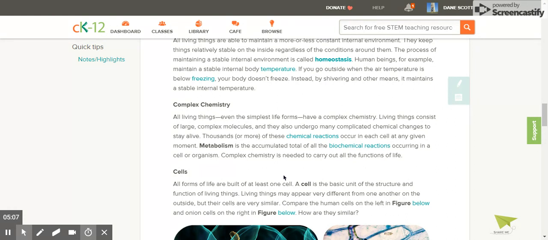We're talking about millions of chemical reactions every second in every cell. Metabolism is the accumulated total of all the biochemical reactions occurring in a cell or organism. By the way, biochemical just means life chemistry. Complex chemistry is needed to carry out all the functions of life.